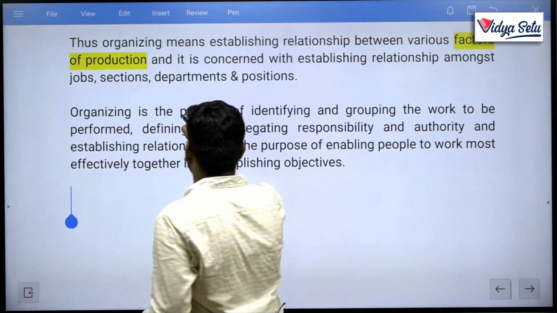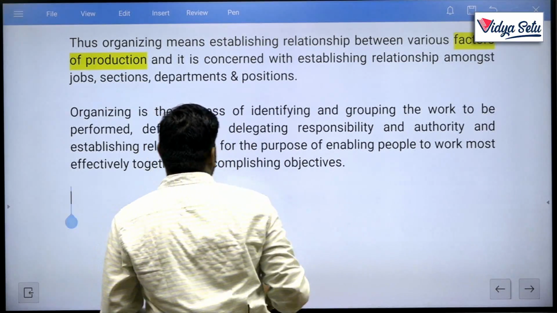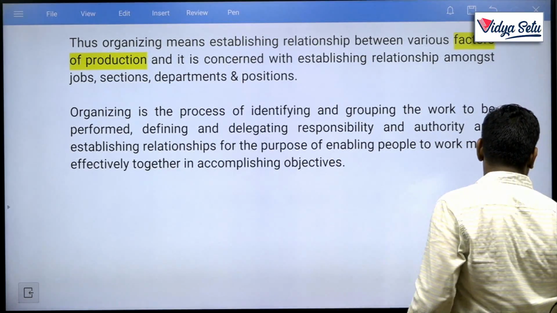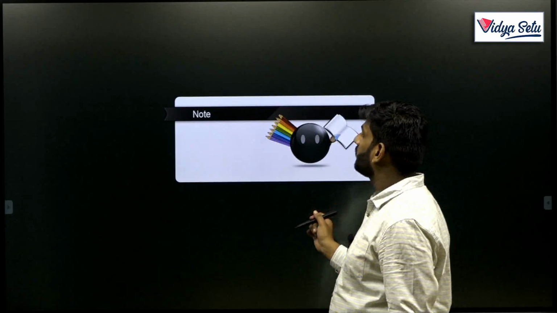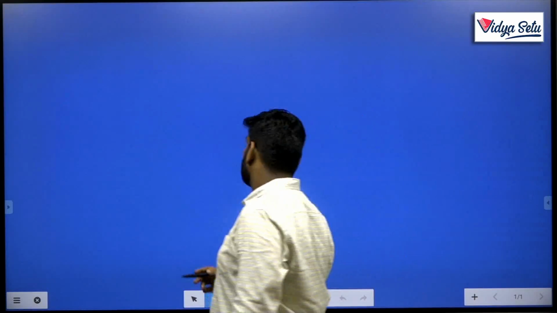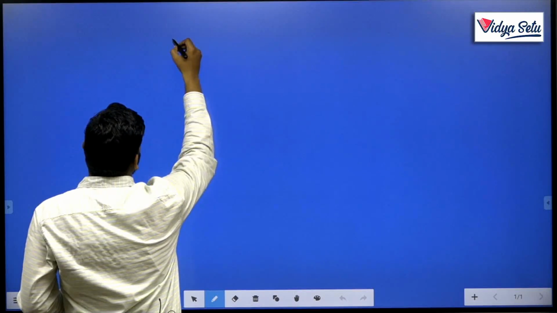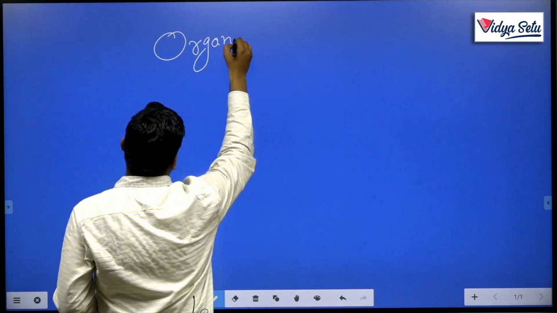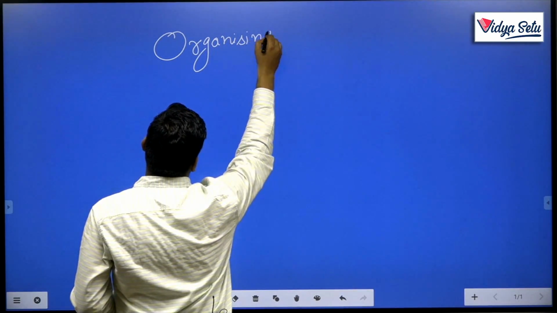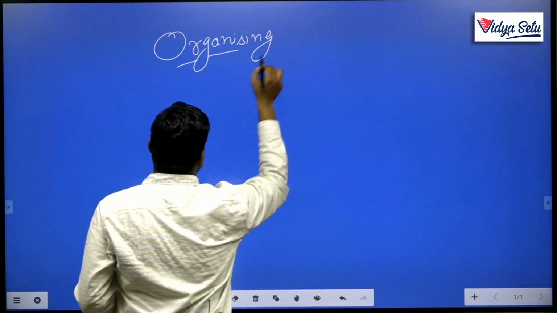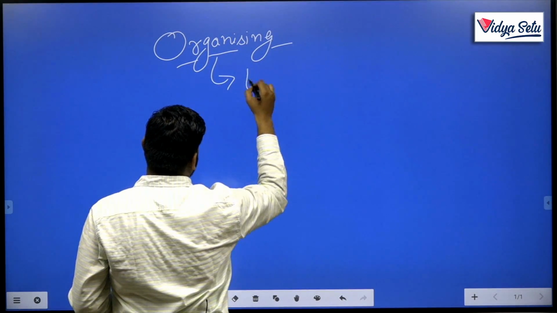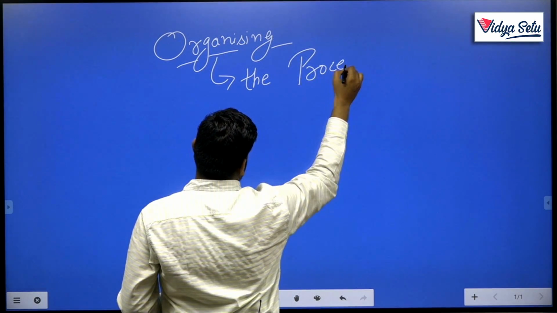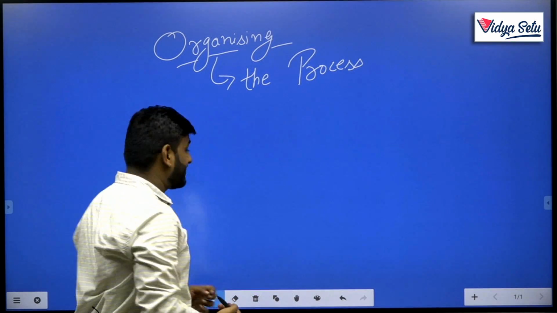Organizing is the process. What kind of process is it?